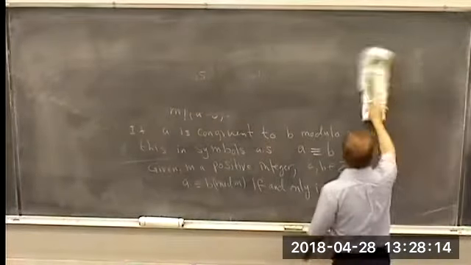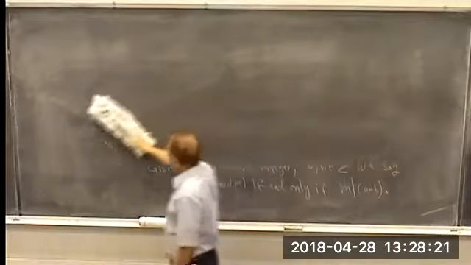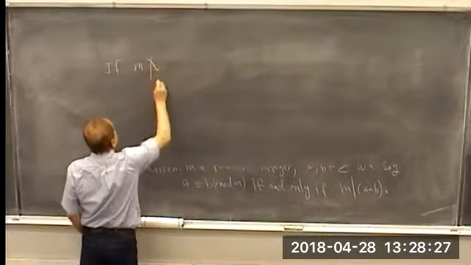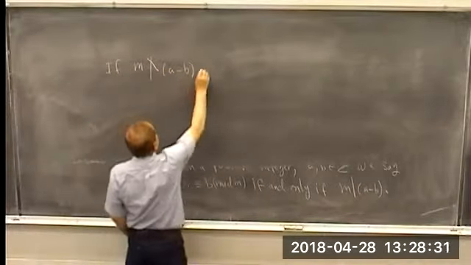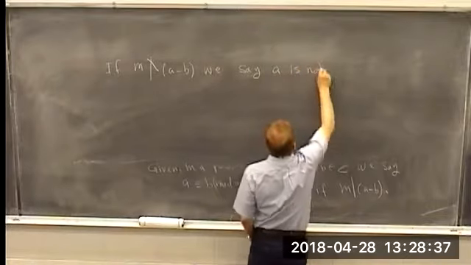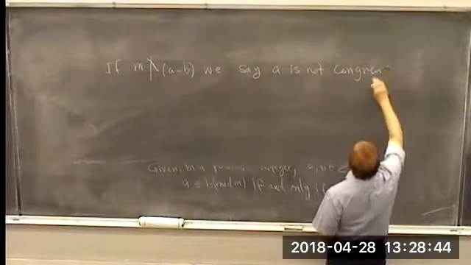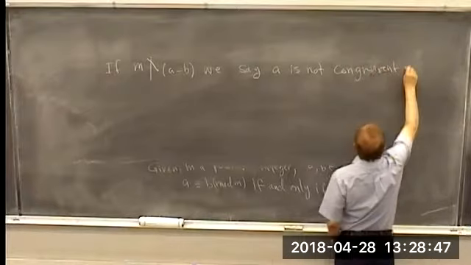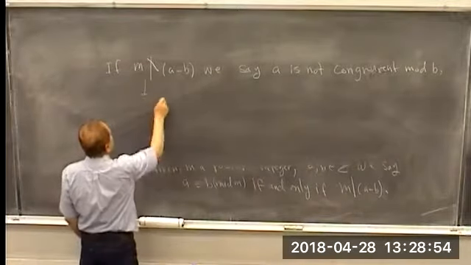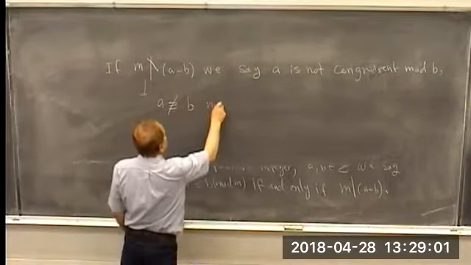If it doesn't divide, we say that A and B are not congruent mod M. So if M does not divide A minus B, we say A is not congruent to B mod M. And in notation, we express this by saying that A does not satisfy this relation with B, mod M.